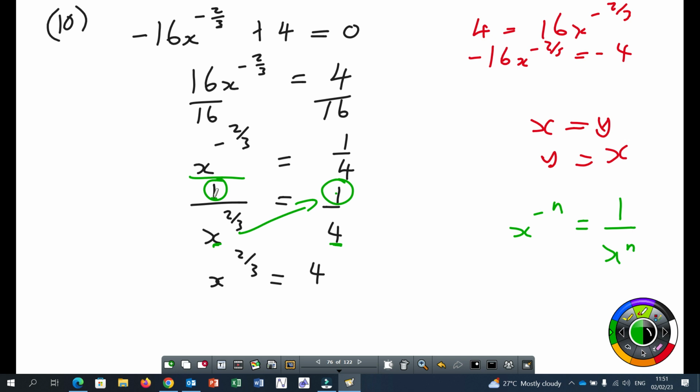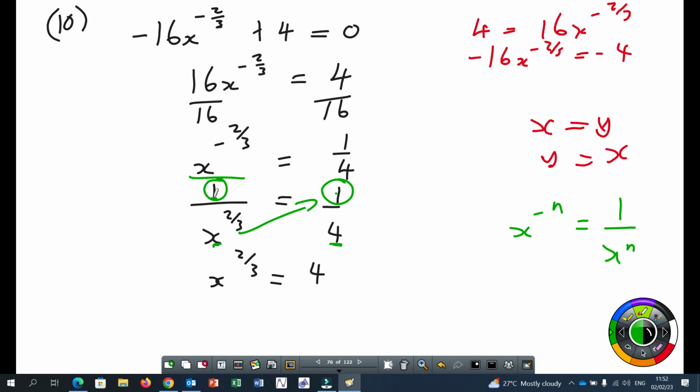You don't treat it as a negative and then multiply the 1 over 4 by minus 3 over 3. I don't encourage you to work with negative exponents. It's not a good idea to work with negative exponents. I hope you are following. Yes.